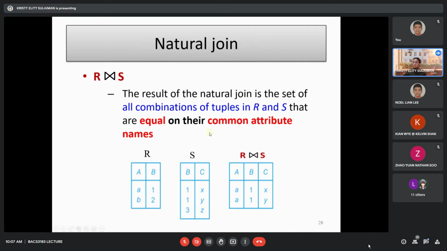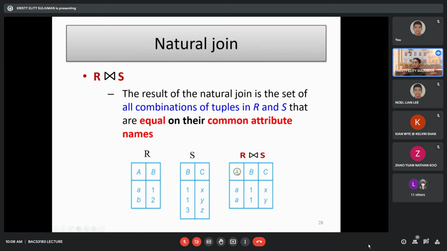The attributes are A, B, C. We have AB in R and BC in S. You do a natural join for these two tables and get this result.